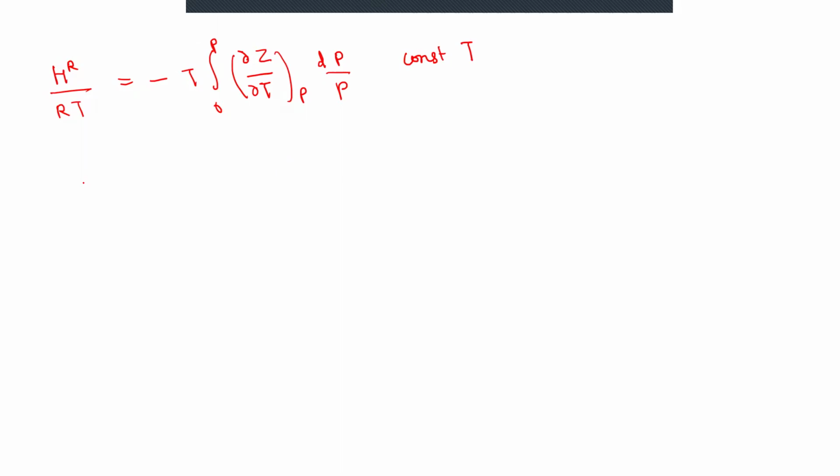Similarly, we have the relation S^R by R is equal to H^R by RT minus G^R by RT.